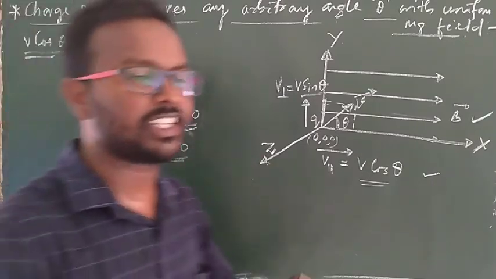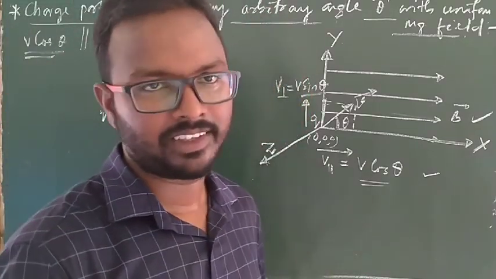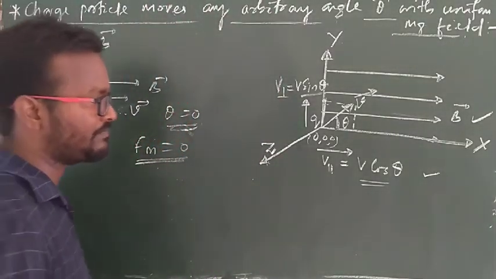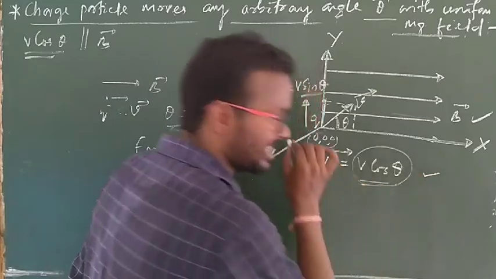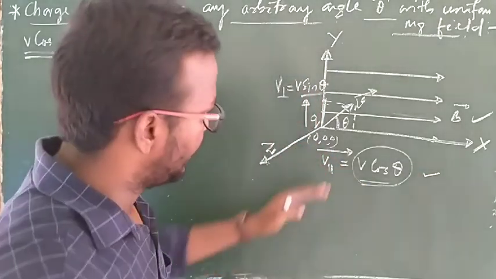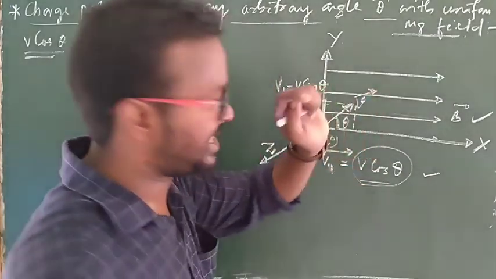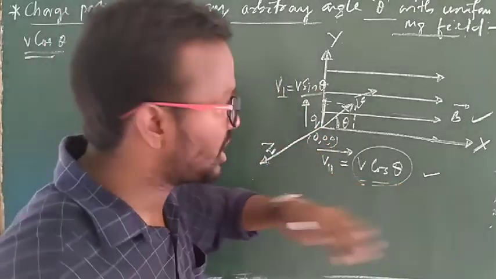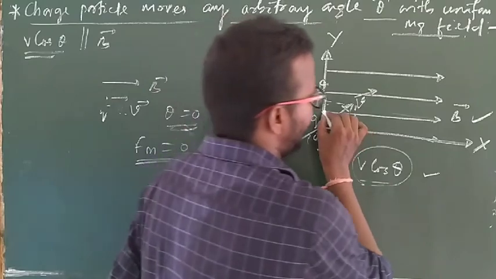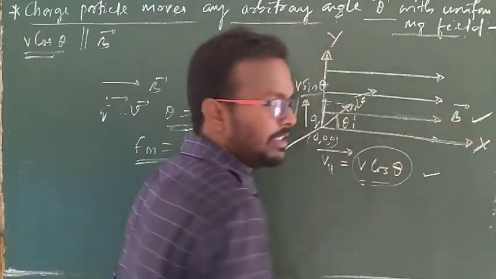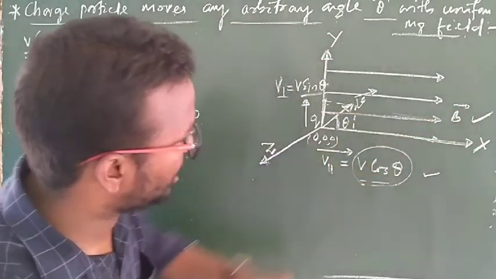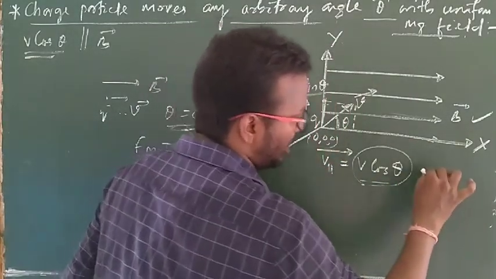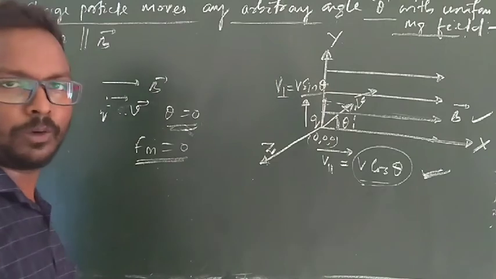That means it does not experience any force if the charged particle moves along the direction of magnetic field. Similarly, this component of velocity does not change its direction along the magnetic field, because along this direction the net force acting on this component is 0.